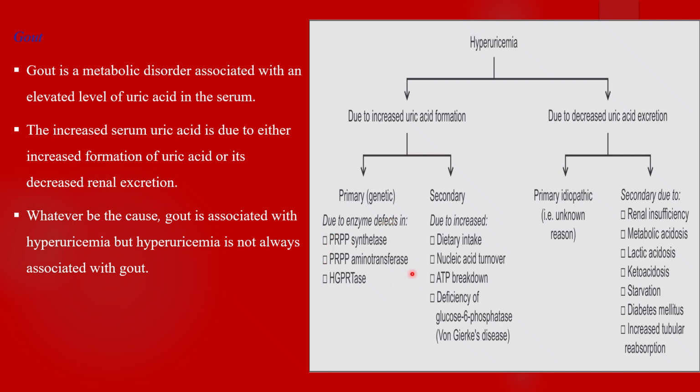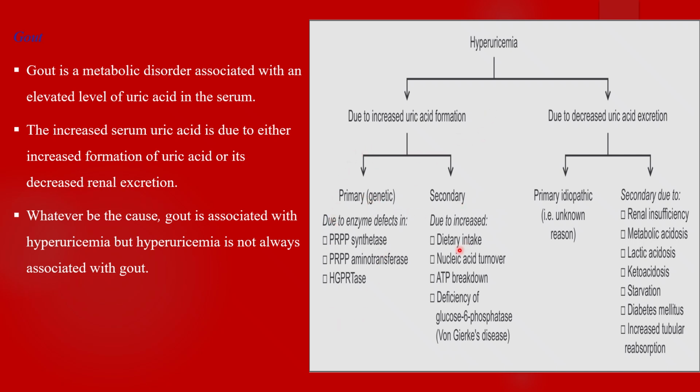These enzymes are well regulated by product inhibition through negative feedback regulation. So if there is a defect in these enzymes, there is a loss of feedback regulation and an excessive synthesis of uric acid. This is the primary cause.